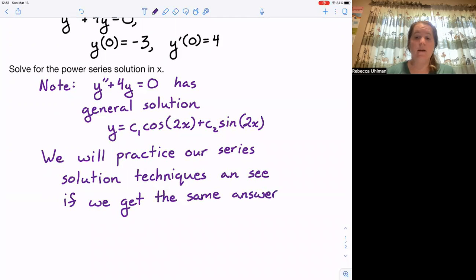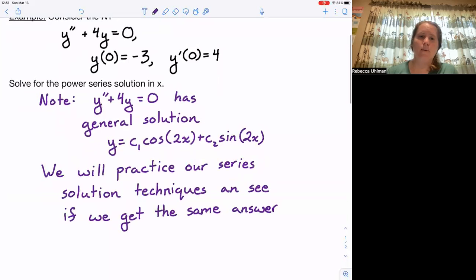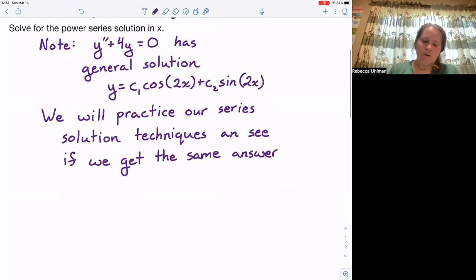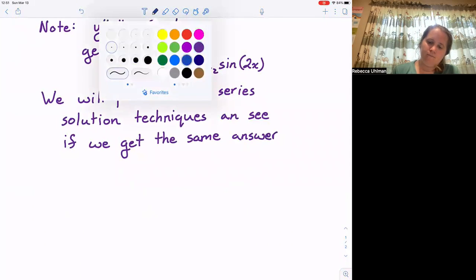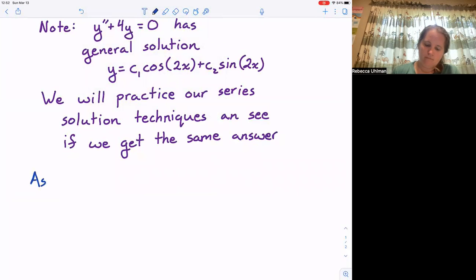And then because we have an IVP, we will be able to figure out our coefficients as well. So let's go ahead and assume that y is equal to the sum from n equals 0 to infinity of a sub n times, in this case, x naught is just 0, so times x to the n.